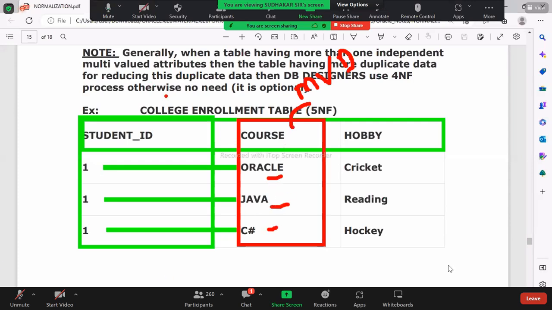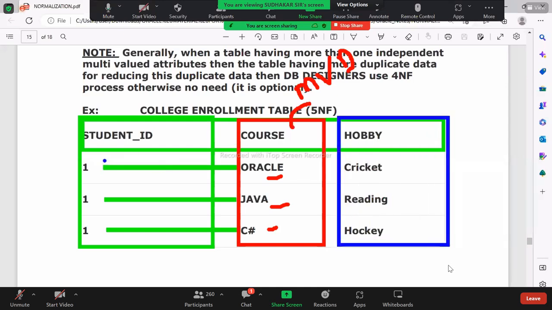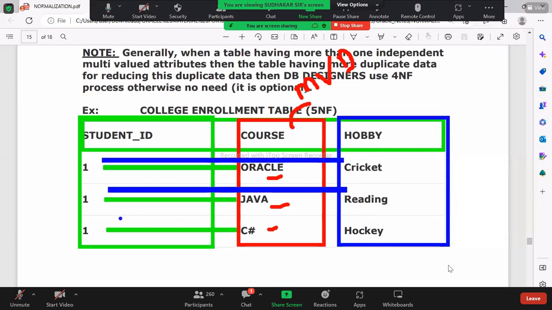Okay, one is there. Next, one more is going to be checked now. What is one more? Hobby. Now compare here: one cricket, one reading, one hockey. Now see, again what happened? One column has the same value, 1, 1, 1, again compared with the different values of another column.